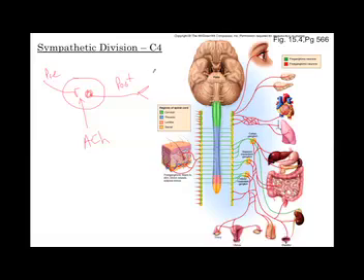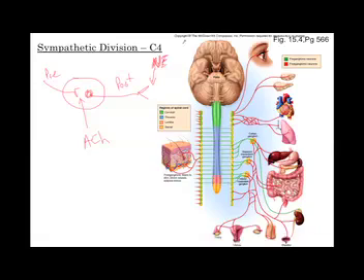Now, in the sympathetic division, the neurotransmitter released by the postganglionic fiber, 99 out of 100 times, is norepinephrine. That doesn't mean that the neuron changes and secretes different neurotransmitters at different times. A neuron is pretty much committed to secreting a specific neurotransmitter every time.